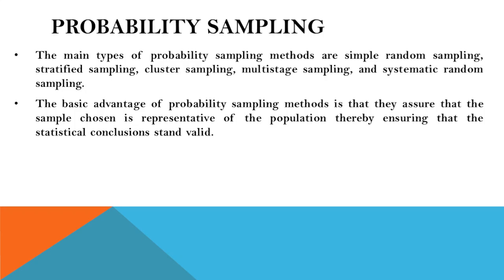Another group is probability sampling. The main types of probability sampling methods are simple random sampling, stratified sampling, cluster sampling, multistage, and systematic random sampling.